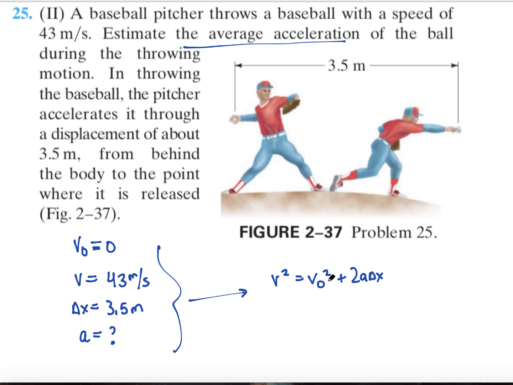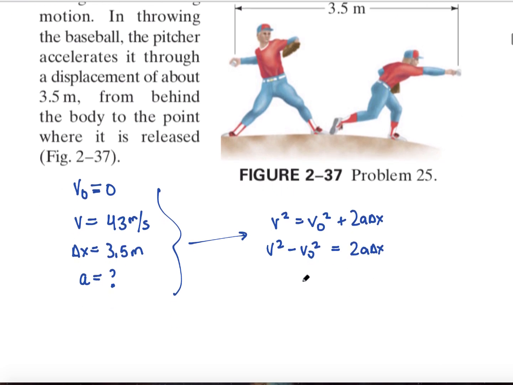So the first thing I'm going to do is rearrange this to solve for a. I'm going to isolate the a in this equation. So I'm going to subtract v naught squared. So I have 2a delta x, and then I'm going to divide both sides by 2 delta x, and I'm going to move a to the other side, just because I like the thing I've solved for to be on the left. Over 2 times delta x.